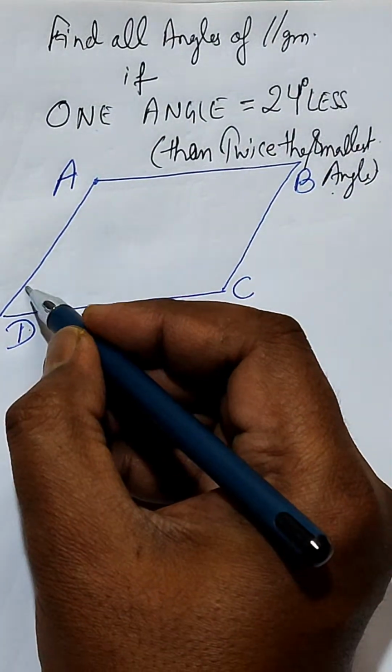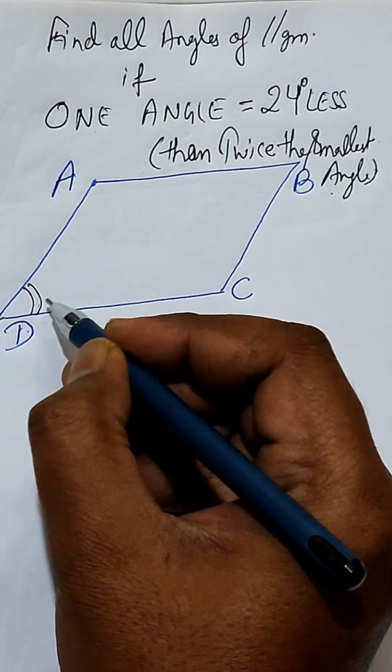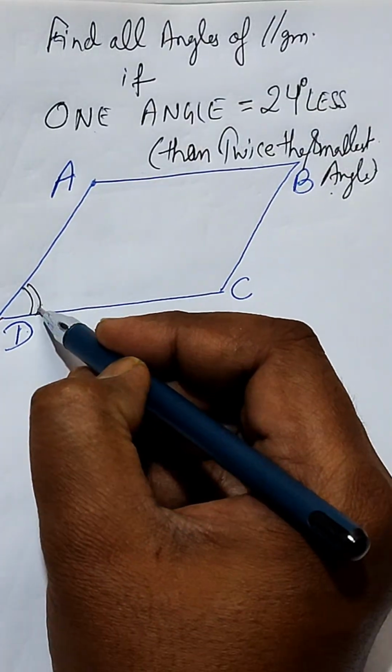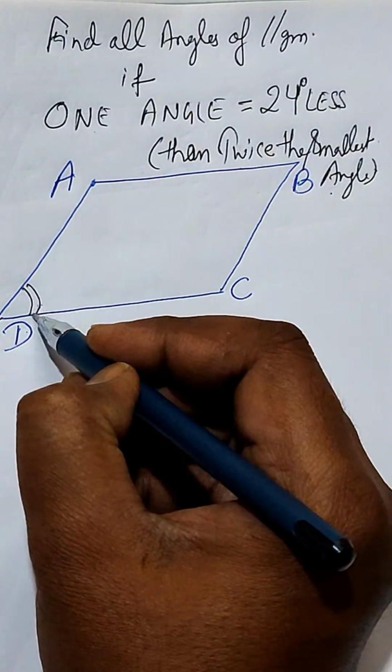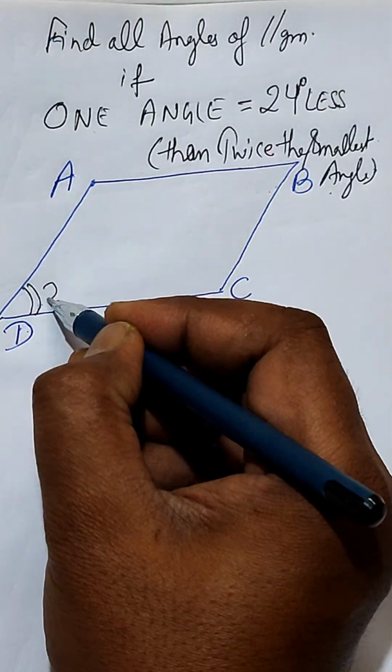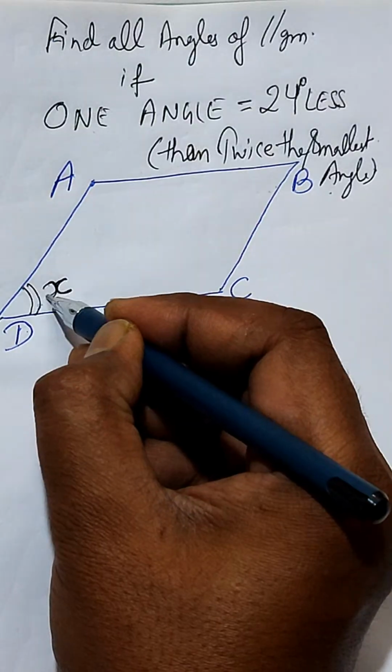So let us assume this angle is the smallest. You can see this is obtuse and this is acute, so this can be the smallest angle. Since D is equal to B, being a parallelogram, we can assume this angle as x, the smallest angle.